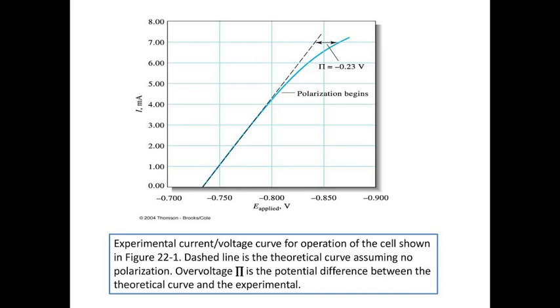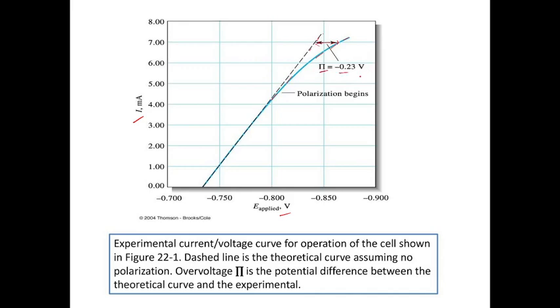Okay, let me complete it. This is I and this is V. So you can see here, it should be like that. But at higher voltage, this curve deviates a little bit. And why is it so? This deviation is known as polarization.